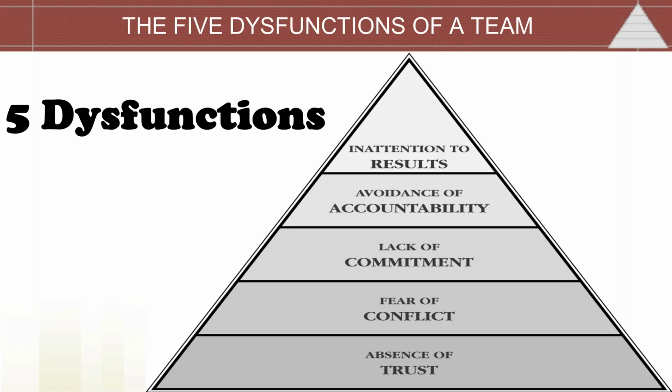Conflict also helps with commitment, because one thing that we all know is we want to be heard. We might not always agree, but we at least want to be heard and have input. And when we don't, we're not committed to the decision. And if we're not committed to the decision, then we're not necessarily accountable either, or able to hold each other accountable. And if there's no accountability, then we have an inattention to results.